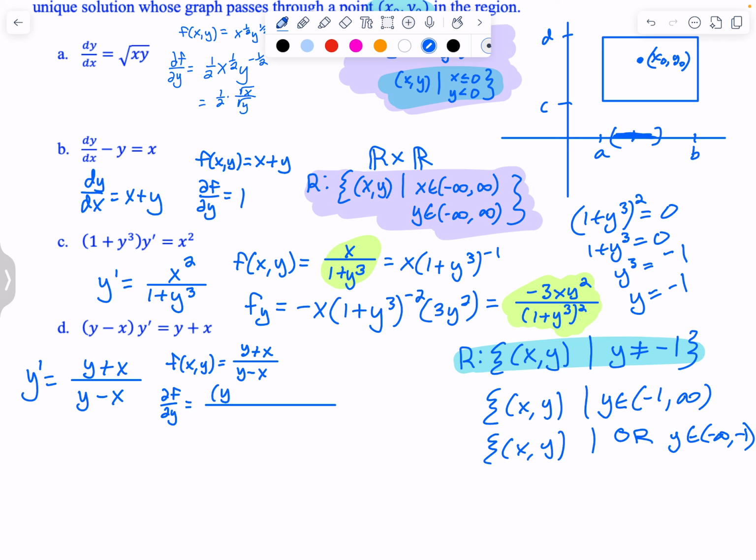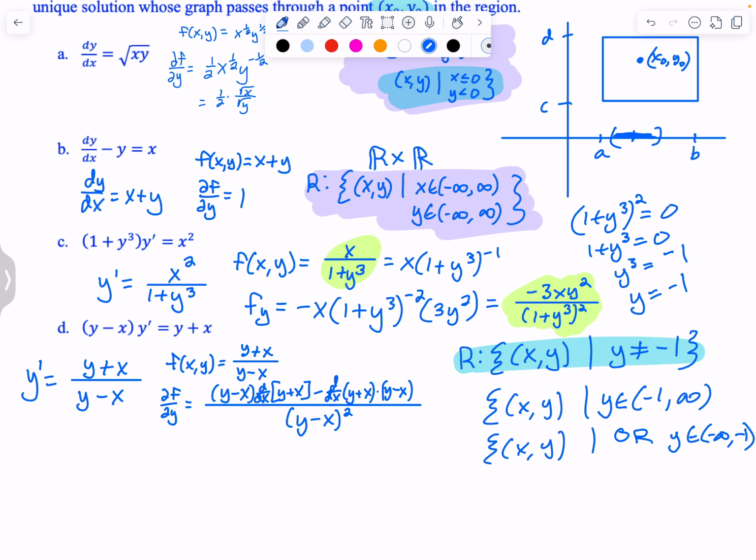So (y minus x) times the derivative, low d high, of (y plus x), minus the derivative of high, that's (y plus x), times the second function, which is just (y minus x). And that's going to be all over (y minus x) squared.